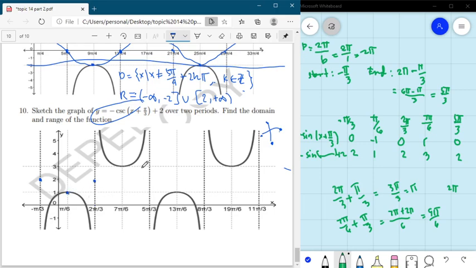And then, 1, 2, 3. And then 2. Then, negative 1 and 1. And 2. And 3. And then it goes back, like that.